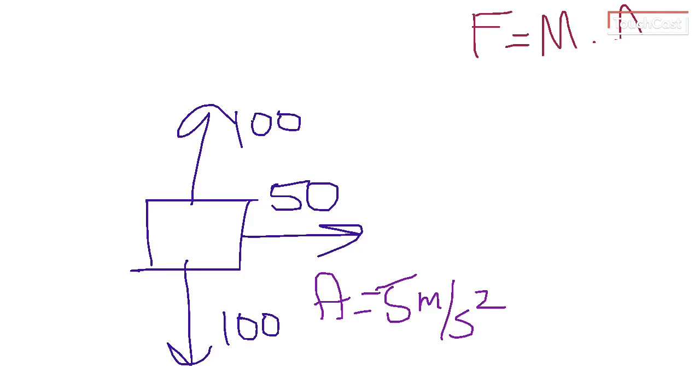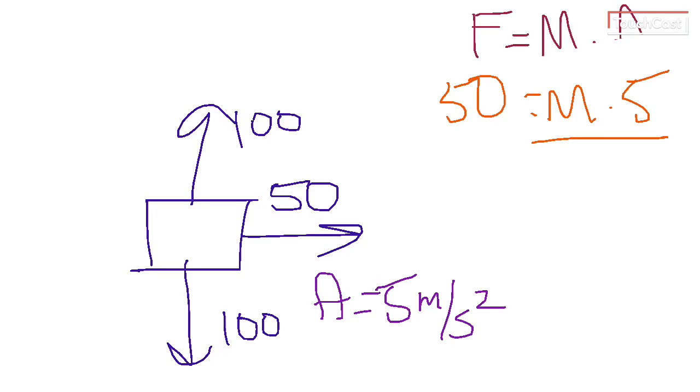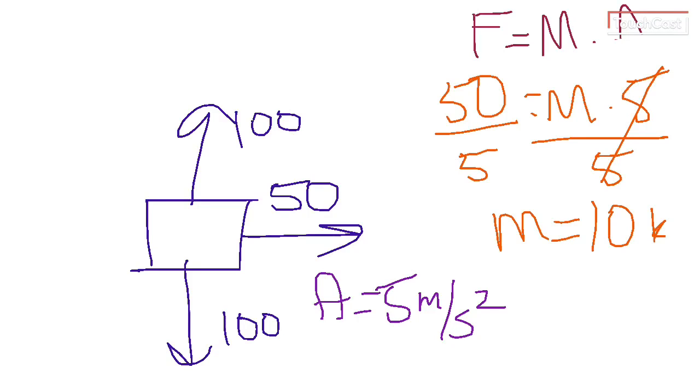So we can go back up to our equation and say our force is 50, which is net force again, don't just add up the forces, equals mass times acceleration, which is 5. Then we can solve for mass, and our mass of this object is 10 kilograms.